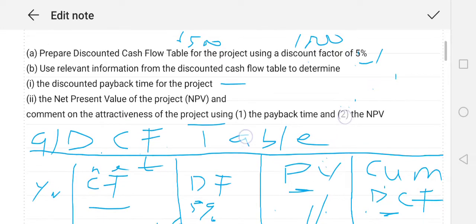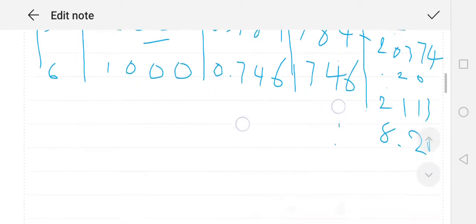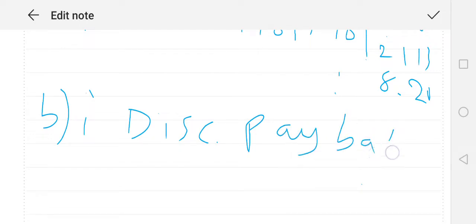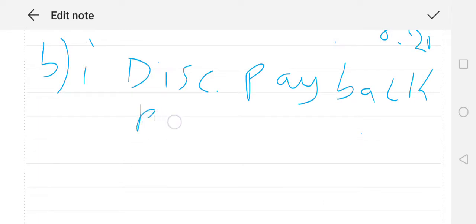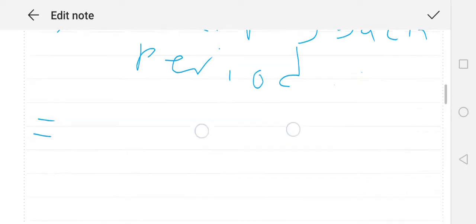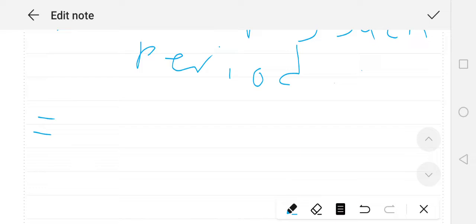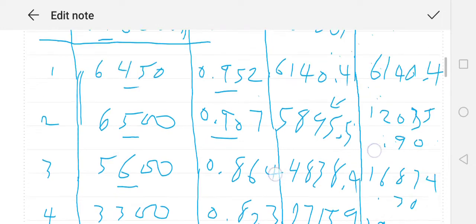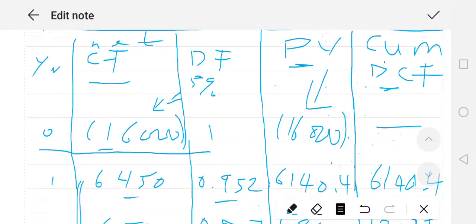So in that case, let's go to B(i). Discounted payback period is equal to years before full recovery, plus. So you go to the table and look for the years before full recovery.